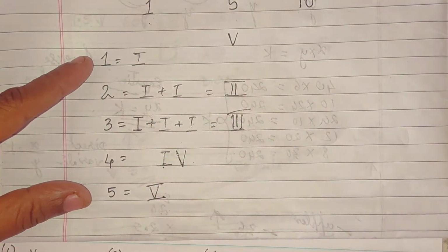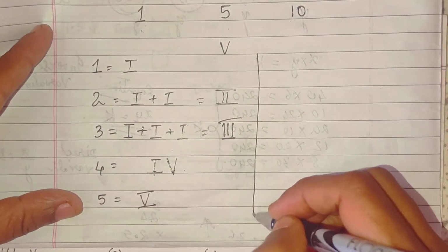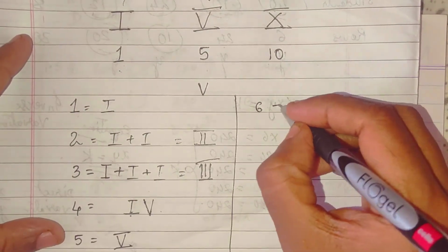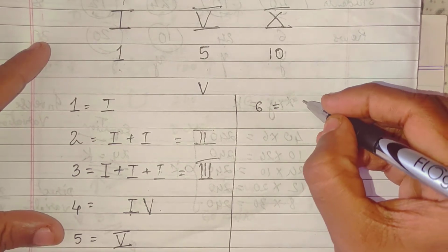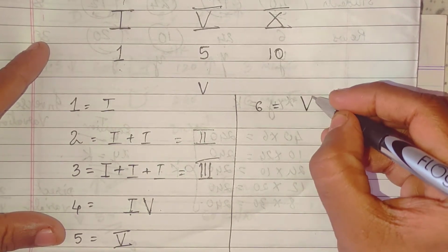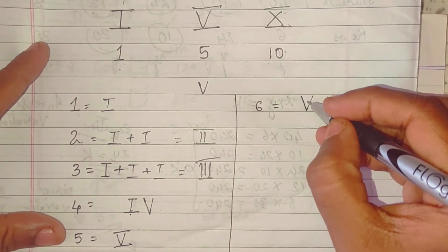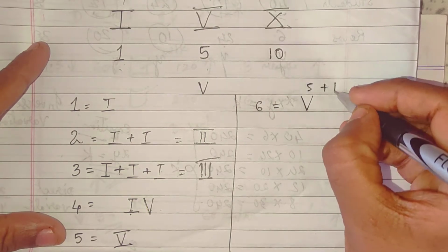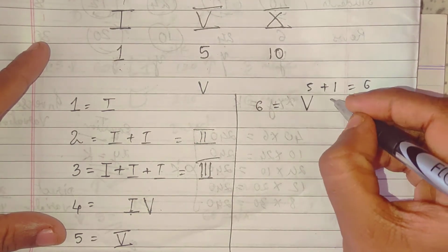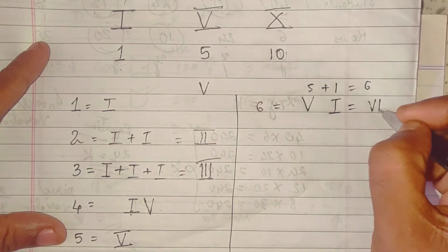So this is 4. Now when we go to write 6, in Roman numerals the larger number always comes first, then the smaller number. So 5 plus 1 is 6. So 5 plus I, that is 6.